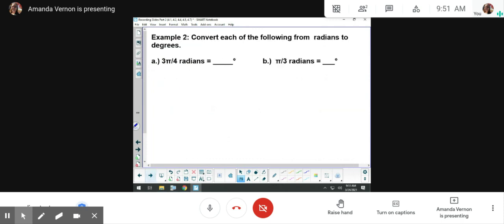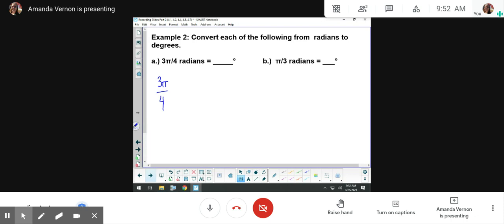All right, let's talk about converting in the reverse way. So in example 2, we're going to be converting from radians to degrees. Oftentimes, our radian measurements are going to start with a fraction, which is really great because it makes it easier for us to already have a fraction to work off of. Now in this case, I have labeled it as radians, but remember, if it's not labeled, we assume it's in radians.